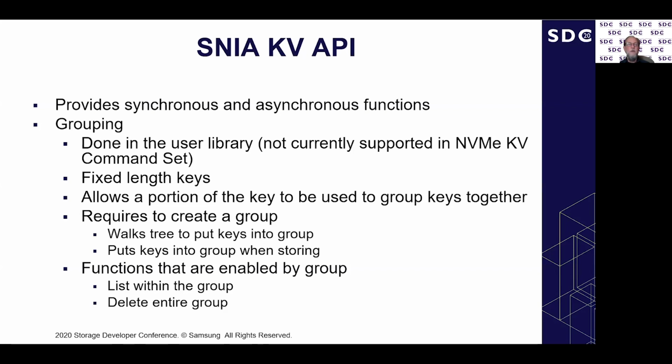The second thing that it allows is it allows you to delete an entire group with a single call to the API. So this means that you don't have to go and find all your keys that match a certain pattern and then go back and delete them one at a time, but can rather, if they are grouped, delete an entire group.